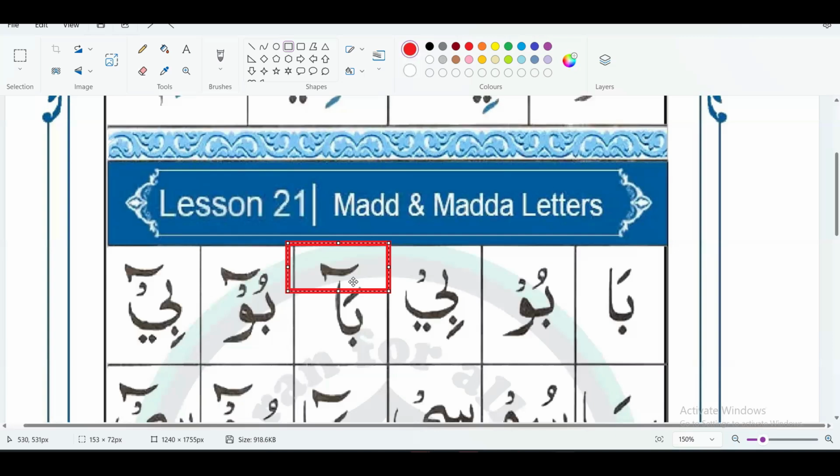We can also call it long mud or mud prolongation. These are also other names for this sign. There are a few more mud as well, like mud lazim, mud muttasil.